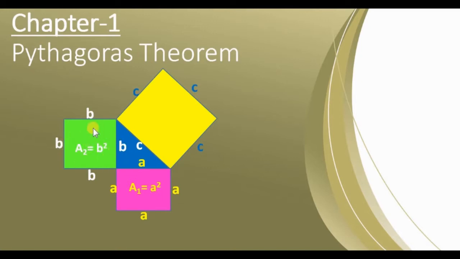If the side of this square is B, area is B square. And if the side of this square is C, then the area of this square is C square.